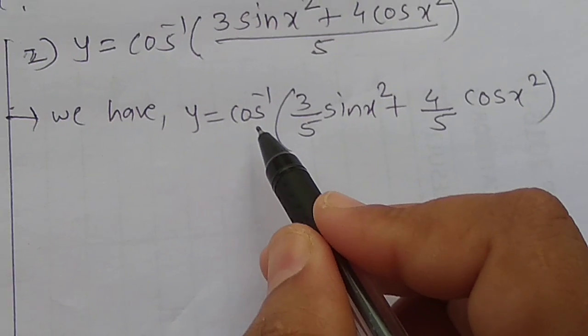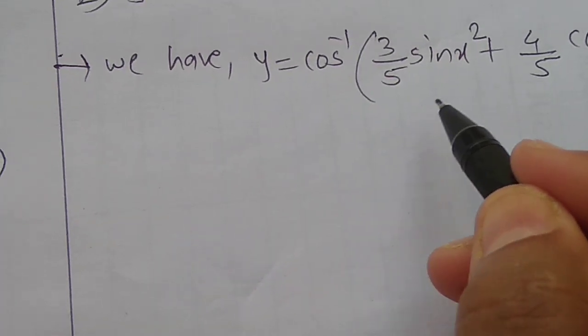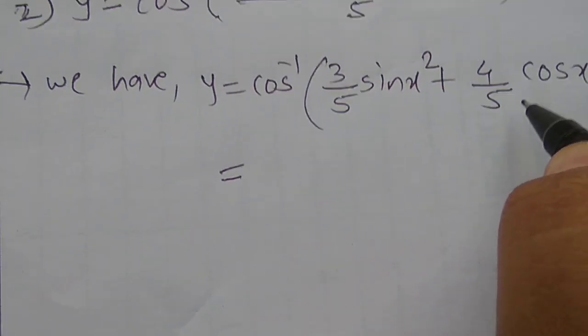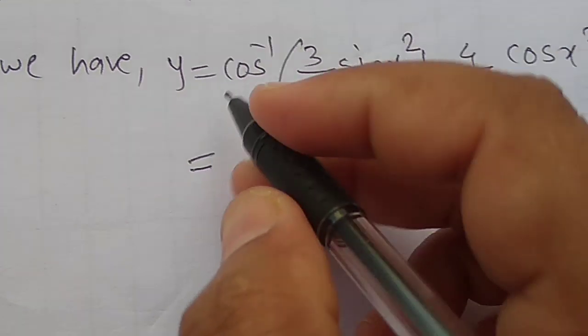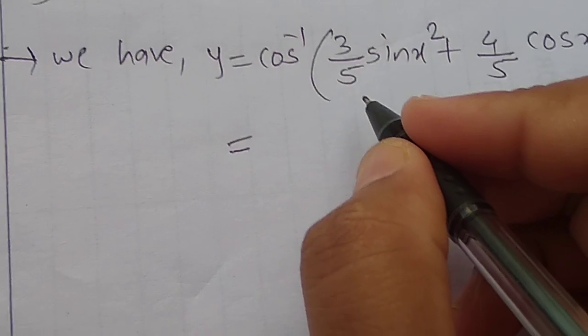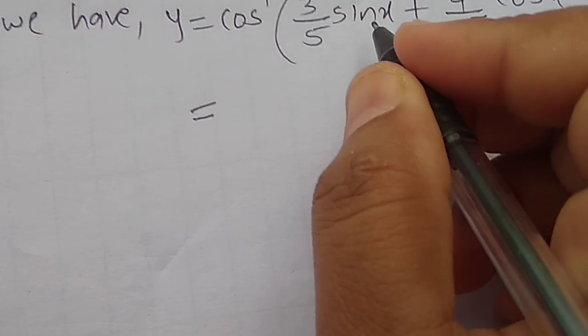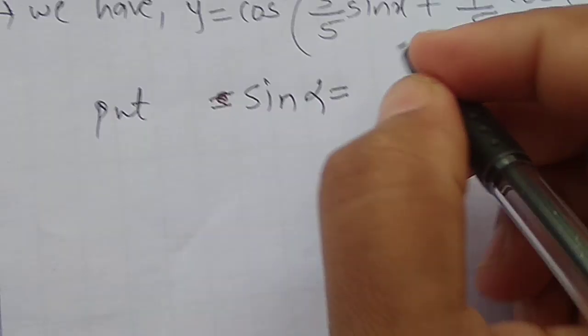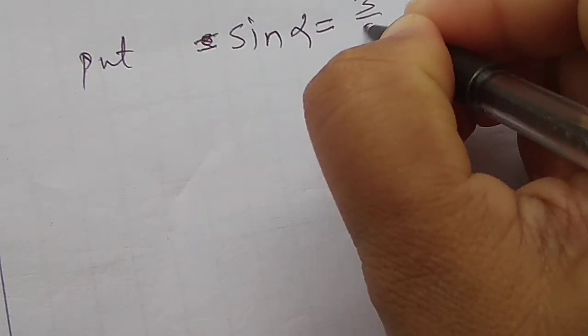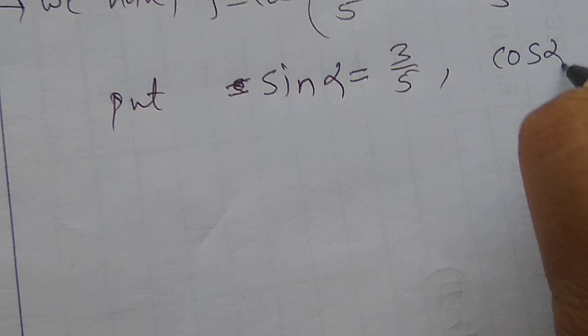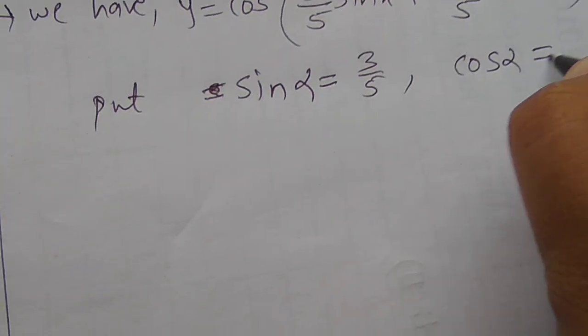So here y is a function which is given in cos inverse, therefore we have to make this example in cos function. Therefore here we can put 3 upon 5 sin x square. It means we can put sin alpha is equal to 3 upon 5 and cos alpha is equal to 4 upon 5.